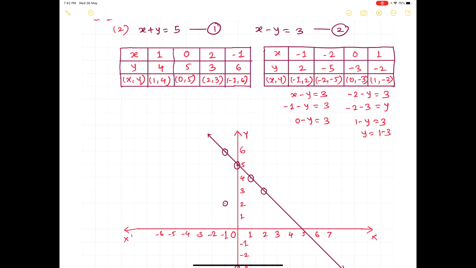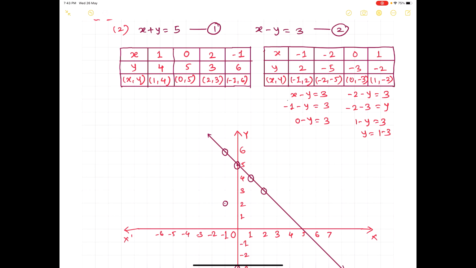That is okay. Then for x equal to 0, 0 minus y is equal to 3, so y is equal to minus 3. That is also fine. Then x minus y is equal to 3 with x equal to minus 1.